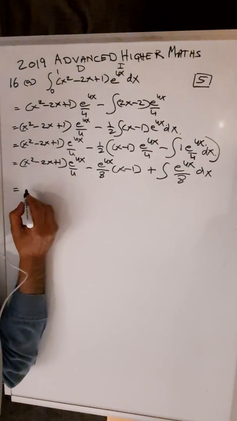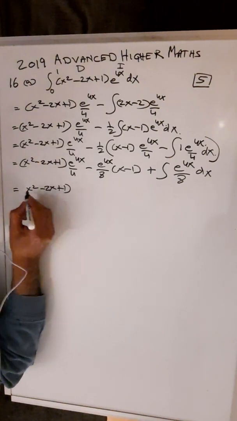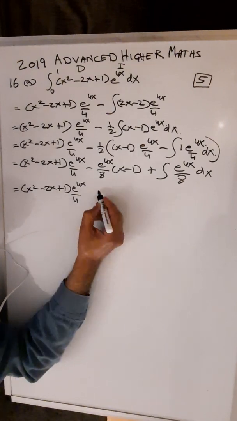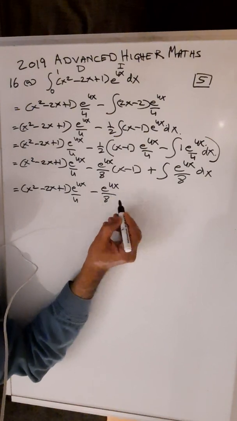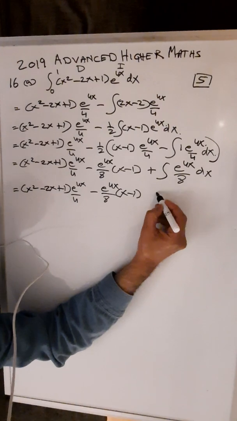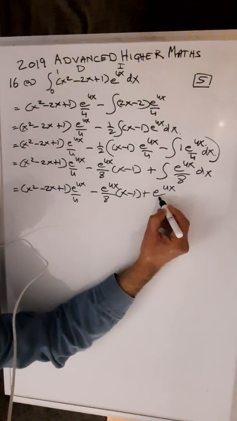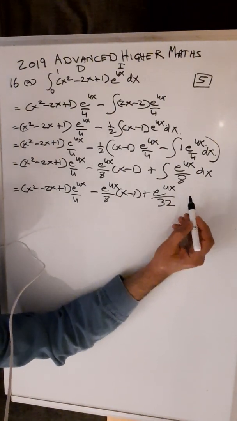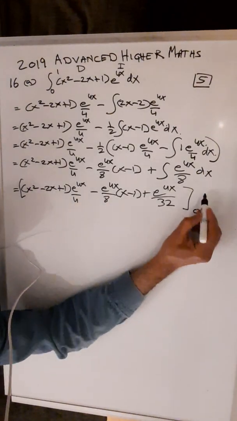Now you've got x squared minus 2x plus 1, e to the 4x over 4, minus e to the 4x over 8 times x minus 1, and integrating that for the final time gives you plus e to the 4x over 4 times 8, 32. That's it all integrated. Now you put in your values 0 to 1.